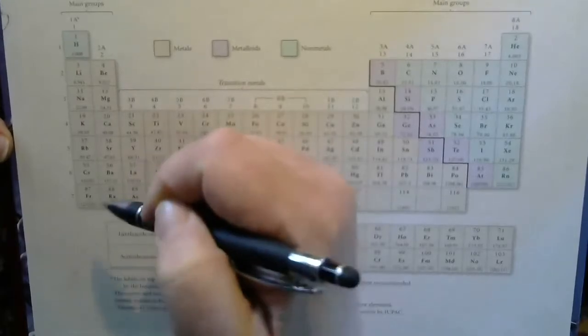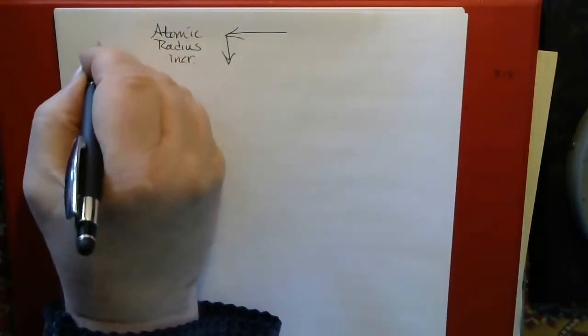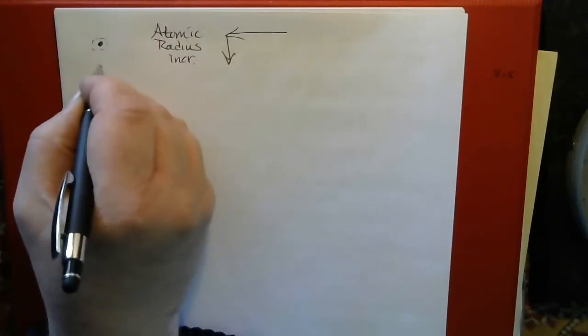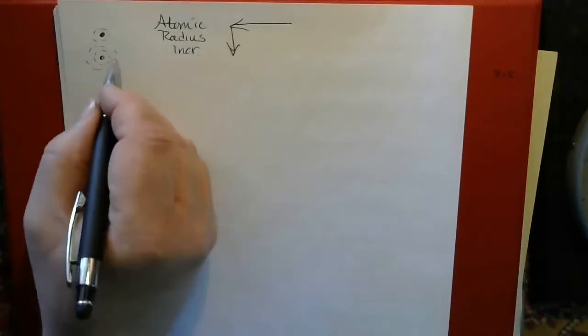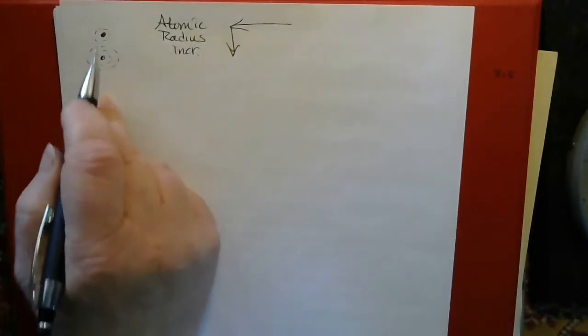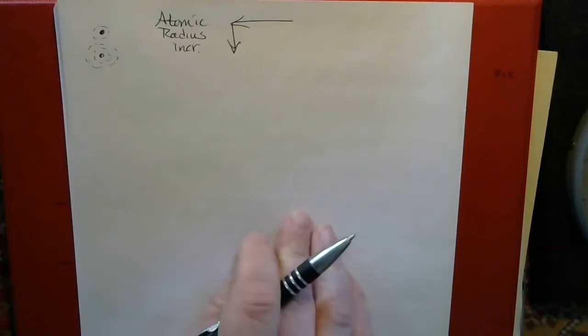It makes sense that the atom would get bigger. An atom that has, say, one shell of electrons is probably going to be smaller than an atom that has two shells of electrons, especially if they have the same number of valence electrons. And so that's basically why the atoms get bigger going down a group.